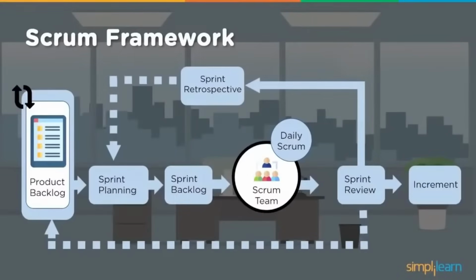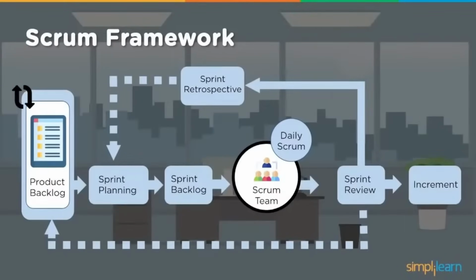We have sprint planning. We spoke about the sprint, the time-boxed iteration, and from the product backlog, the items which move to a specific sprint, what needs to be delivered, become the sprint backlog. Now the backlog items are taken and the Scrum team works on them and holds a daily Scrum meeting.